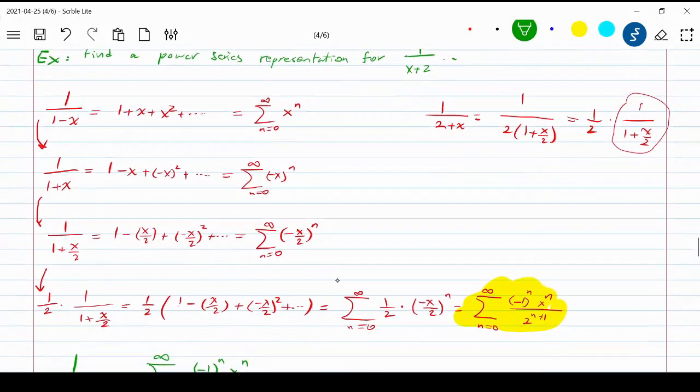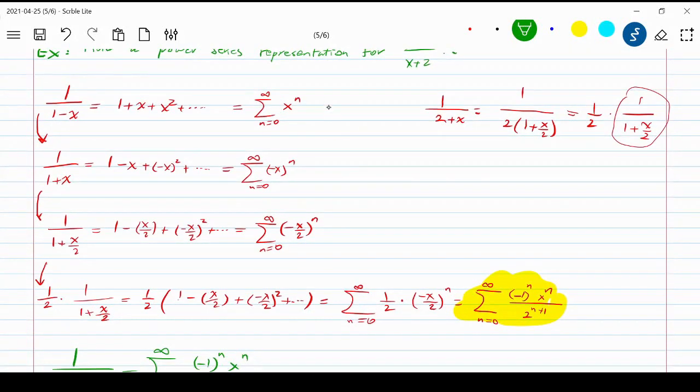The convergence interval, I'll update it. Here it was absolute value of x less than 1. Then we changed x to negative x, so it became negative x less than 1. Then we changed negative x to x over 2, so we have negative x over 2 less than 1. And then we multiply the 1 half. That 1 half doesn't affect anything. It is just a constant, and it doesn't affect the radius of convergence.